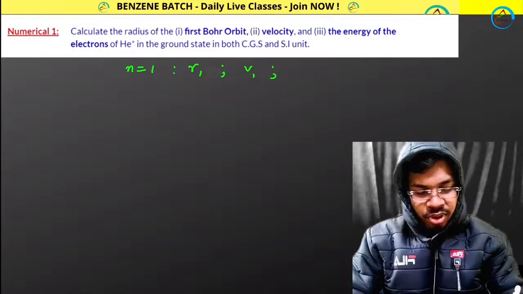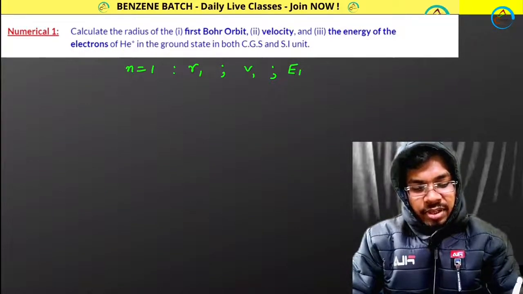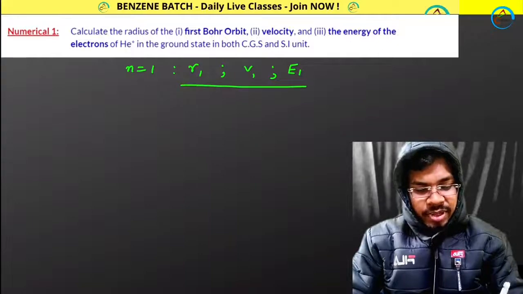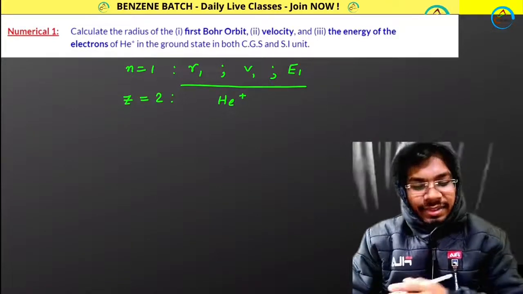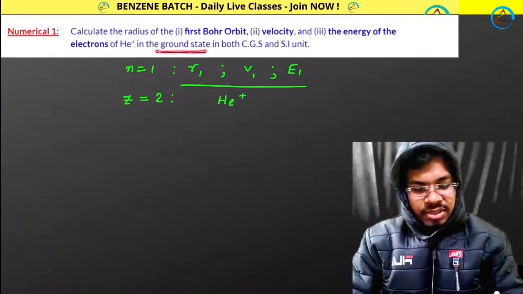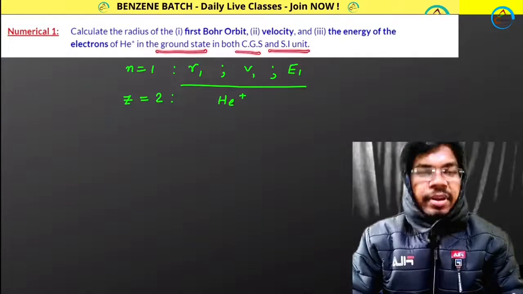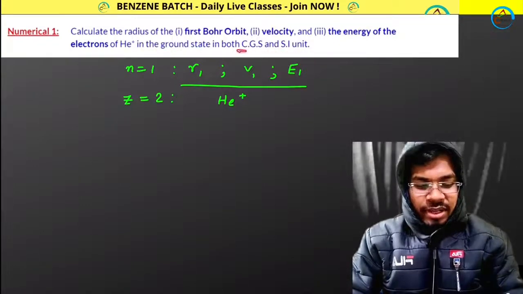Energy for which orbit? First orbit. And your system will be the helium plus system, which means Z equals 2, not Z equals 1. Then in the ground state, in both CGS and SI units. So you have to get your value in CGS and SI units.